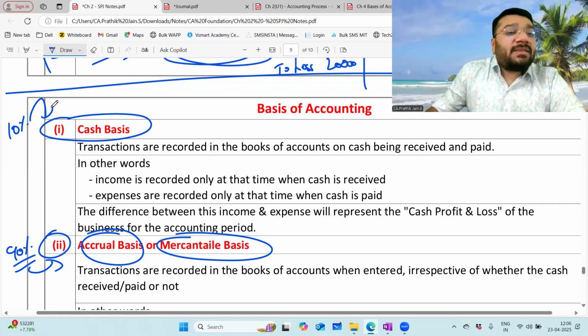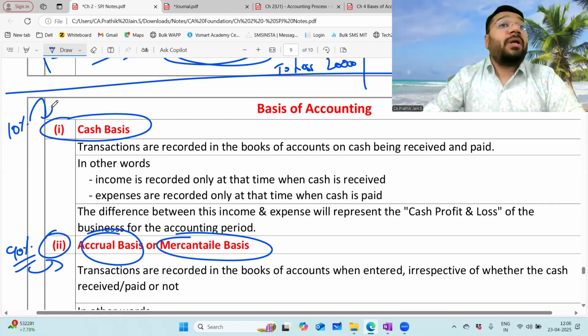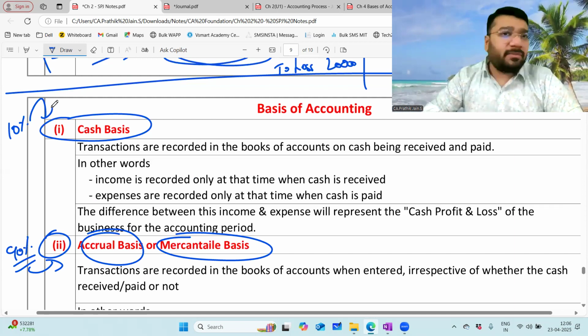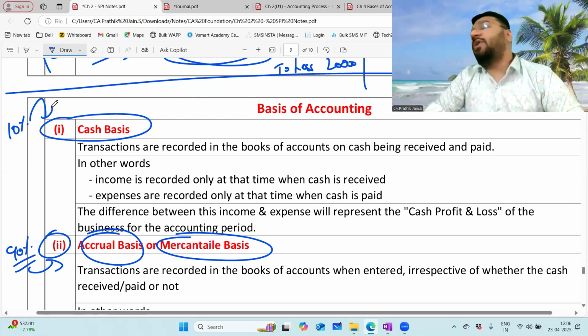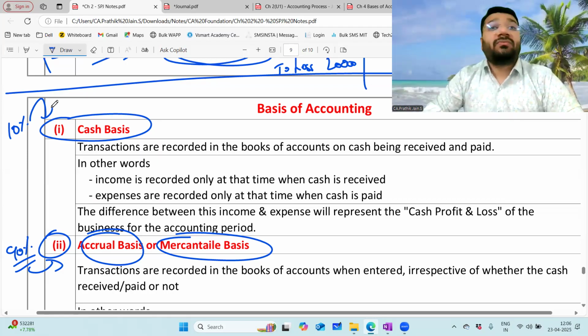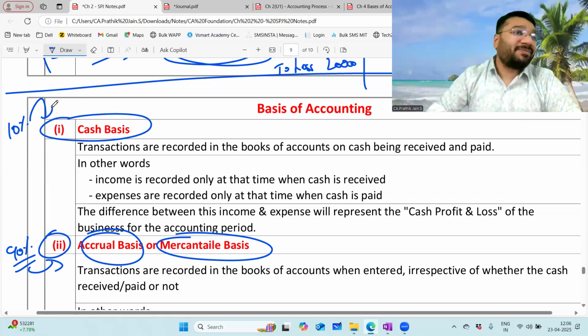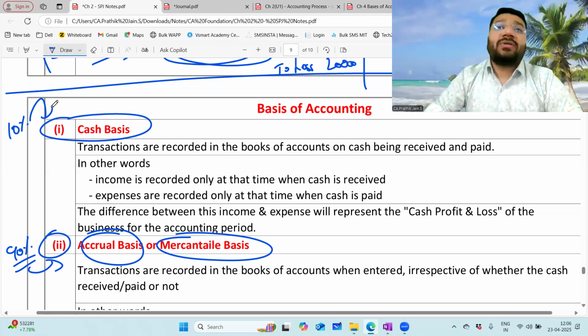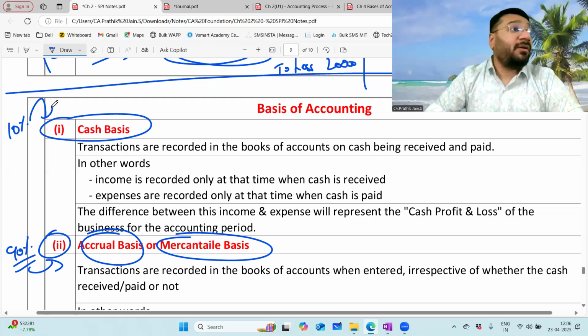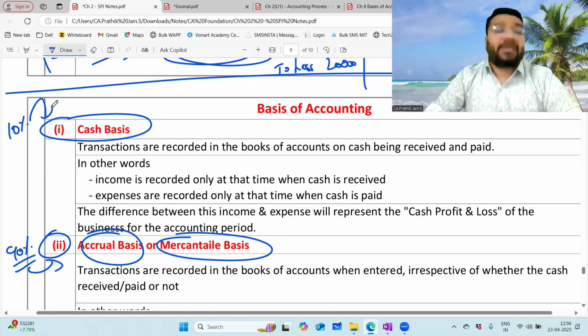In 10% of scenarios, you're allowed to do accounting on cash basis. Whether you like it or not, they'll try to convince or force you, knowingly or unknowingly, to use accrual basis. The remaining 10% are entities where there is not much pressure, and they can do accounting on cash basis.